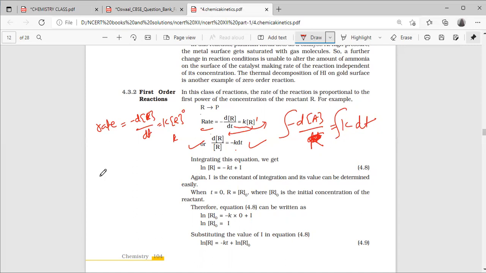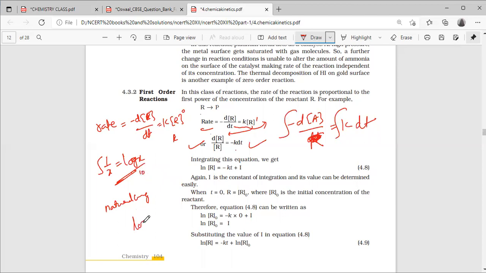Now for integration, there are some formulas you have to know. The integration of 1 by x equals log x. Here logs are of two types. One is normal log and the other is ln. Ln means natural logarithm. What is the difference? Log is log base 10.